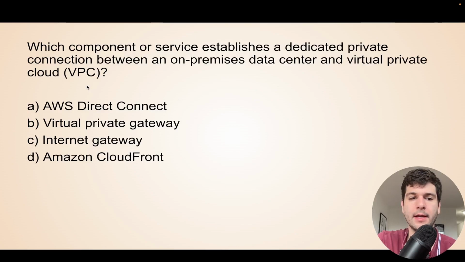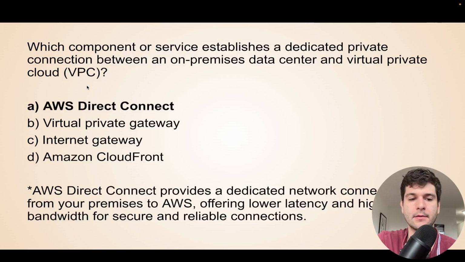So that would be AWS Direct Connect. AWS Direct Connect does exactly what it says here. It's a dedicated network connection from your premises to AWS. It helps with lower latency, high bandwidth, and it's a secure and reliable connection.